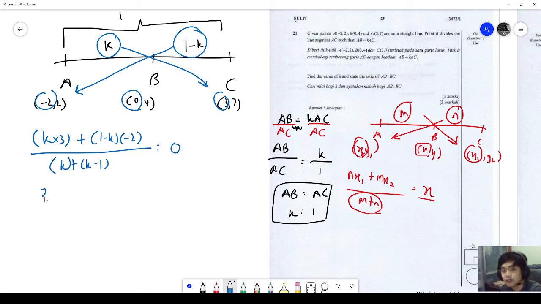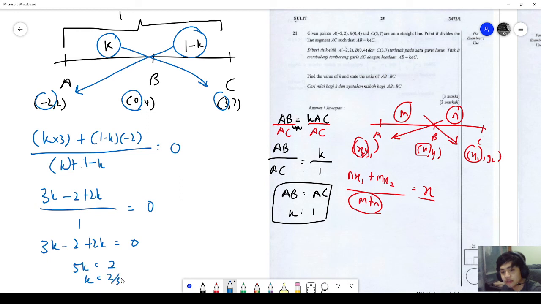So k times 3 is 3k. 1 times negative 2 is negative 2, and negative k times negative 2 is 2k, over k plus 1 minus k. Oh sorry, it's 1 minus k, not k minus 1, my mistake. So here is going to be just 1. So 3k minus 2 plus 2k equals to 0. So 3k plus 2k is 5k equals to 2. So k is equals to 2 over 5.